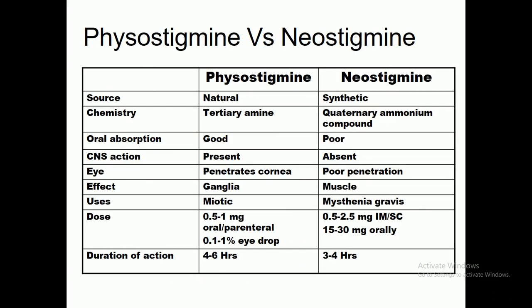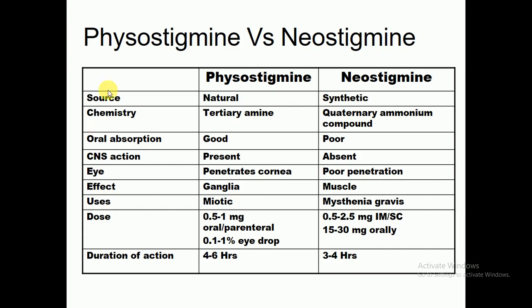Now we come to the differentiation between Physostigmine and neostigmine. These are the points given here in the table: source, basic chemistry, oral absorption, CNS action, eye effect, uses, dose, and duration of action. Physostigmine's source is natural, and neostigmine is synthetic.